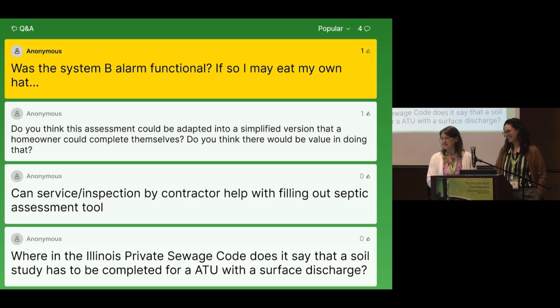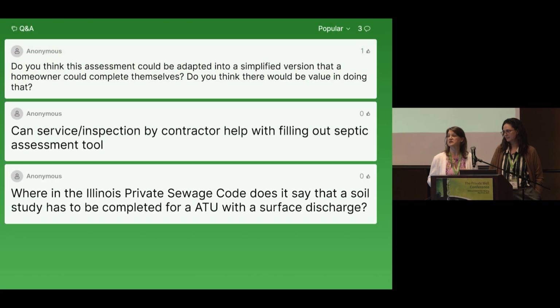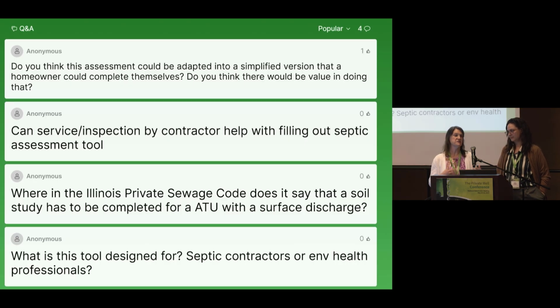Do you think this assessment could be adapted into a simplified version that a homeowner could complete themselves? Do you think there would be value in that? The purpose of our tool is for a professional to go out and give advice to a homeowner. A homeowner could definitely fill out a simplified version. We did a little training with some staff in our office who had never done anything with a septic system.